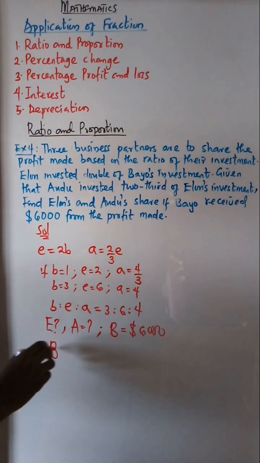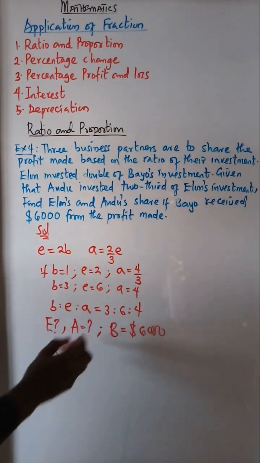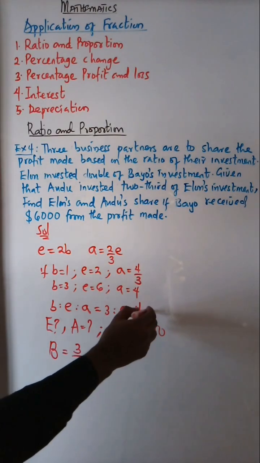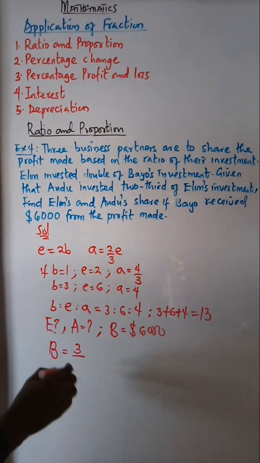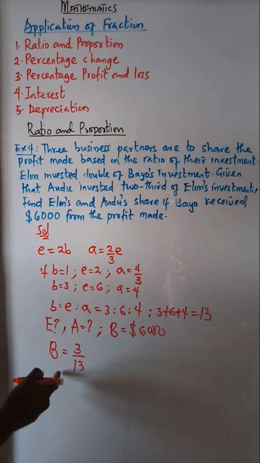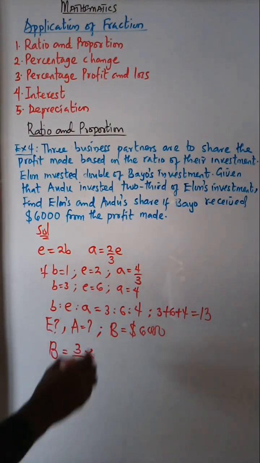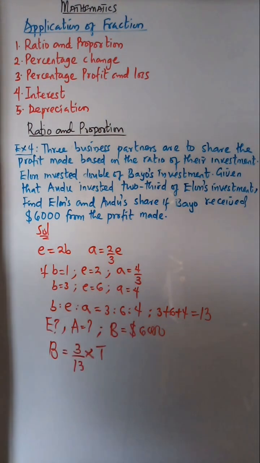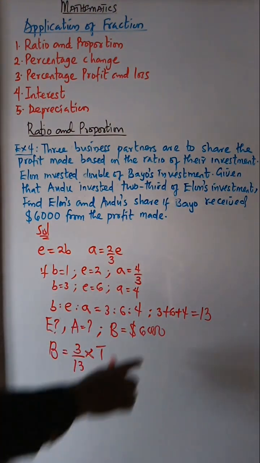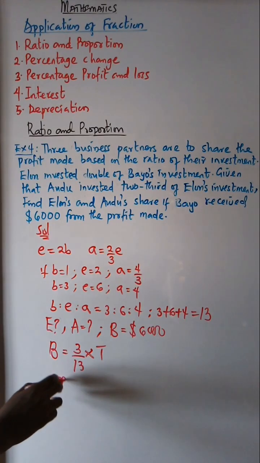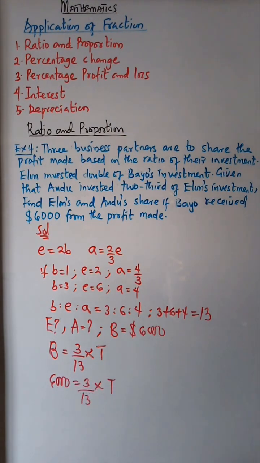Bayer is the first one, 3. 3 out of the total ratio, 3 plus 6 plus 4 is 13. So 3 out of 13 is the fraction of the profit that Bayer will take. But we are not given the total profit T. In order for us to get the total profit T, Bayer's share is given as 6,000. So we write 6,000 equals 3/13 times T.